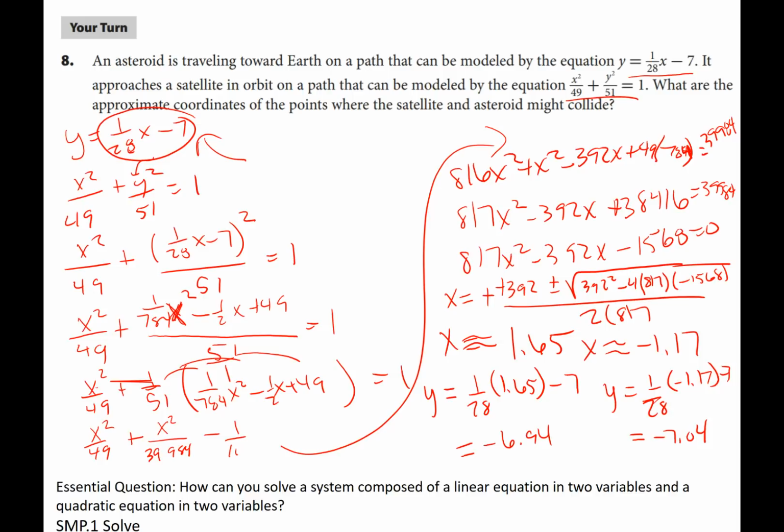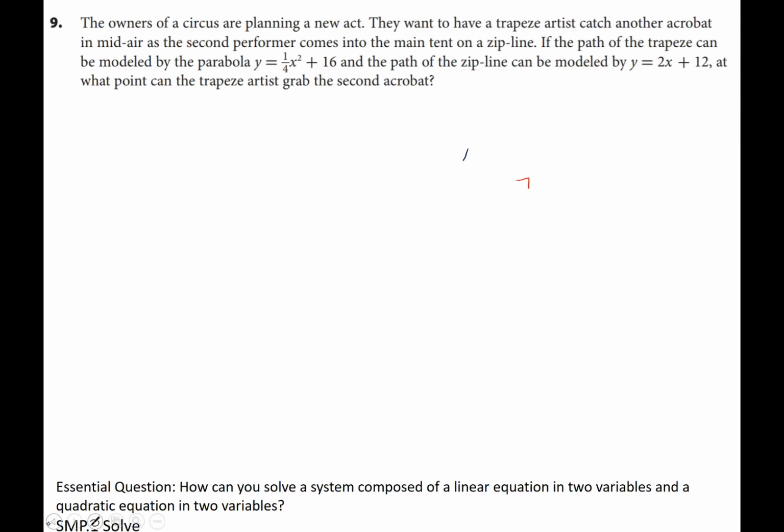Okay. Then we're going to just say, what are the approximate coordinates of the points where the satellite and asteroid might collide? So the satellite and asteroid might collide at, and then list the 2 points.